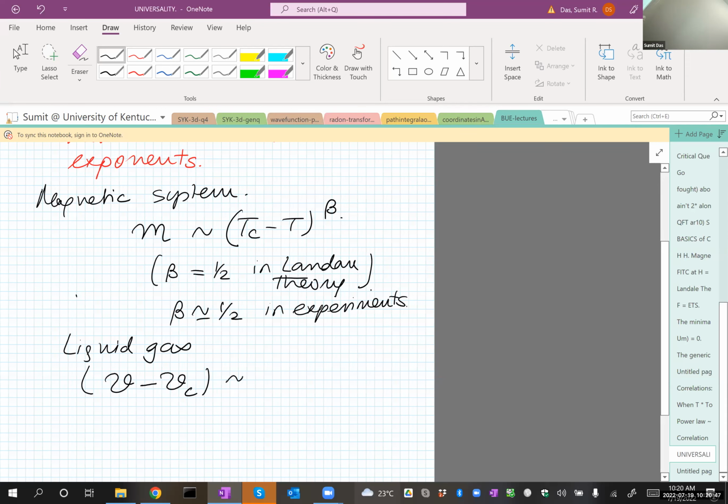The analog of temperature is temperature. You can ask how that goes, beta prime. And what one finds is that beta prime is also very close to half. This is just as an example. And the point is to understand how come this happens. Why is it that such different systems behave similarly near the critical point?